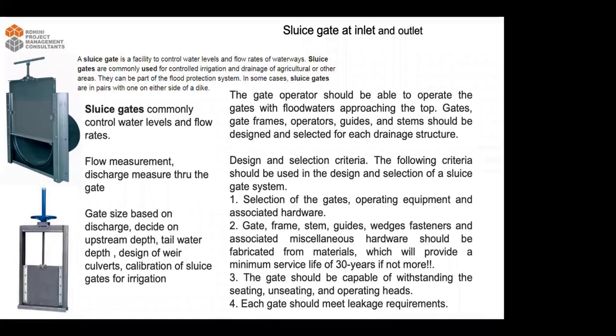If the sewage is severely corrosive, then obviously you have to change the material. What material can we use? It can be stainless steel. Again, whether it is guides, frames or the gate, all that has to be changed; you can go for stainless steel.